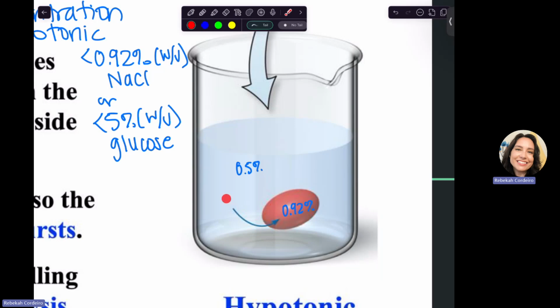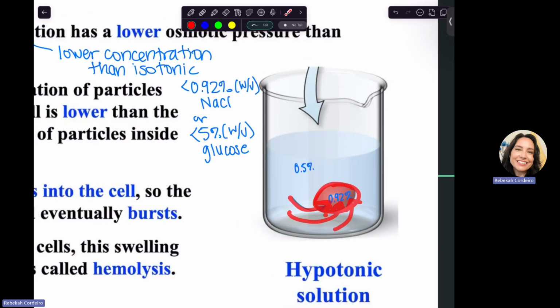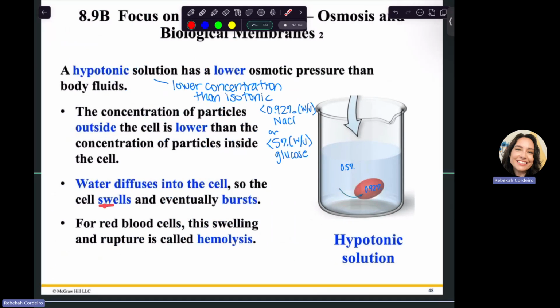So water will flow into the cell. But there's not going to be any water flowing out of the cell until we reach osmotic pressure. So water's going to flow into the cell and it's going to make the cell swell. So the cell will swell and eventually, if it's different enough, the cell can burst.